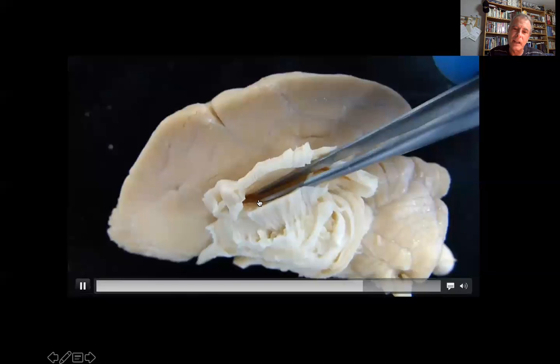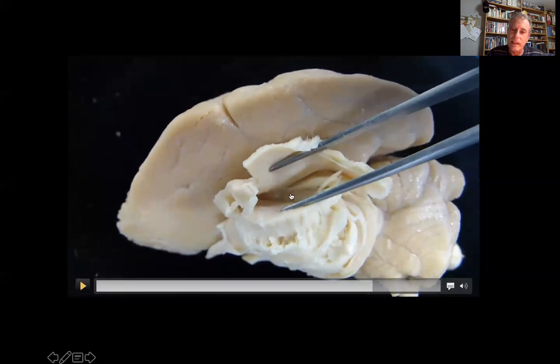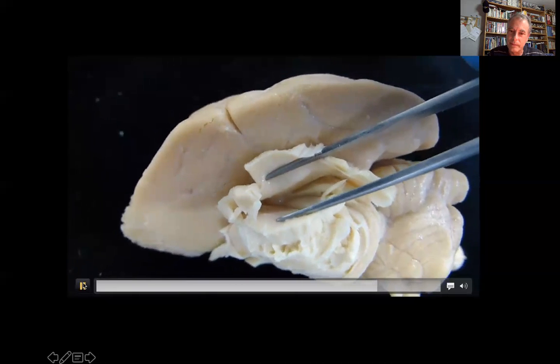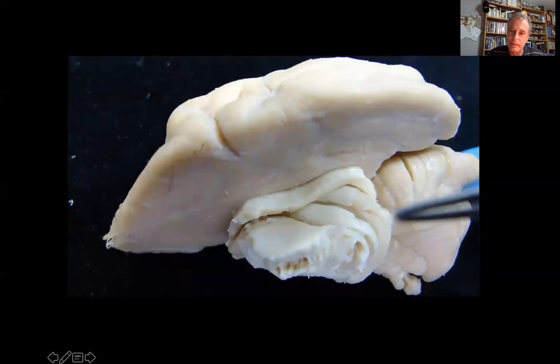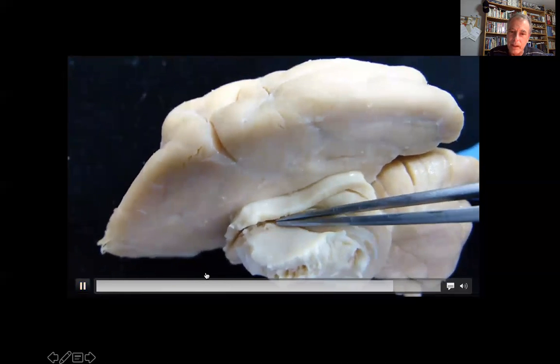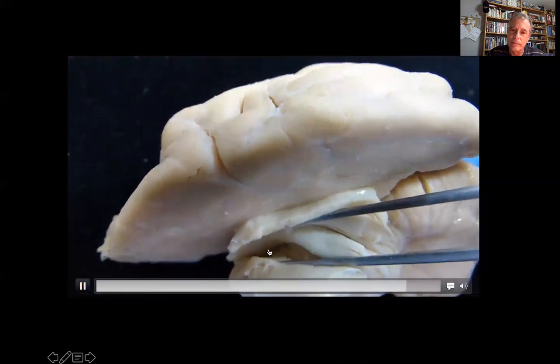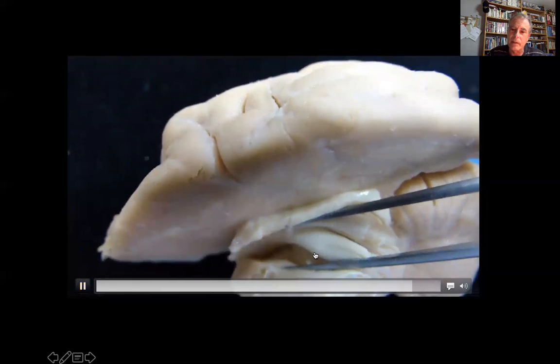And now we have cut through the centrum semiovale, and we identify the lateral ventricle here. You see, this is the caudate nucleus, the corpus callosum, and we see the lateral ventricle. This is the lateral ventricle here.